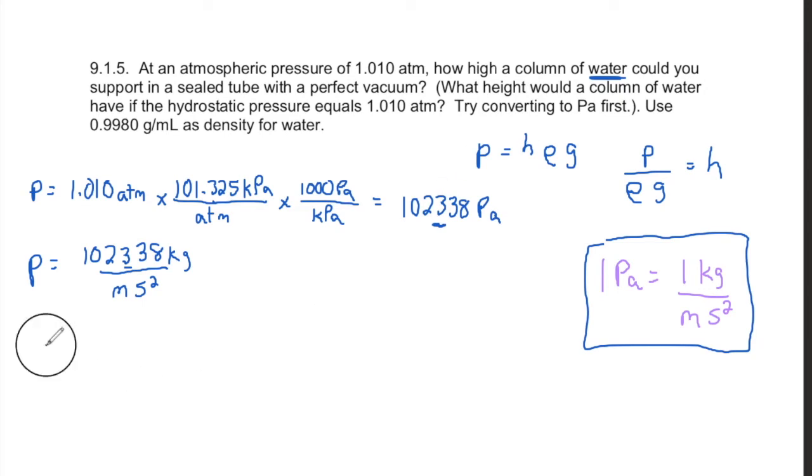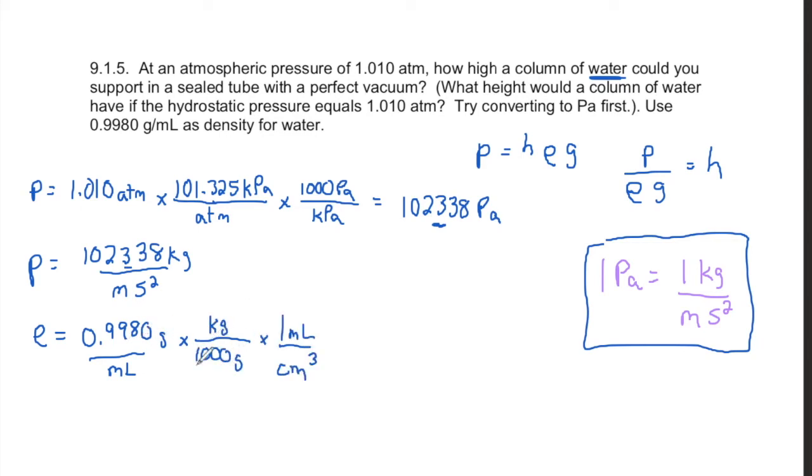Now we need rho, the density of the liquid. We're being told it's 0.9980 grams per milliliter. Again, we need kilograms and we need cubic meters. So let's go ahead and convert that. So there's 1,000 grams in a kilogram. A milliliter is the same as a cubic centimeter.